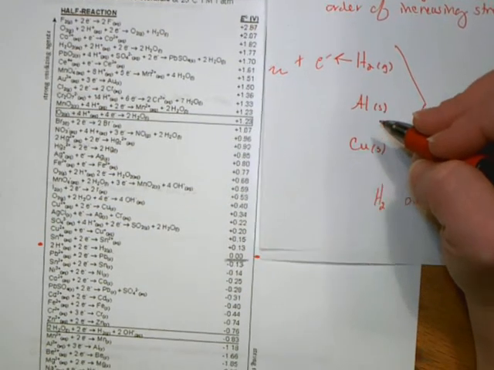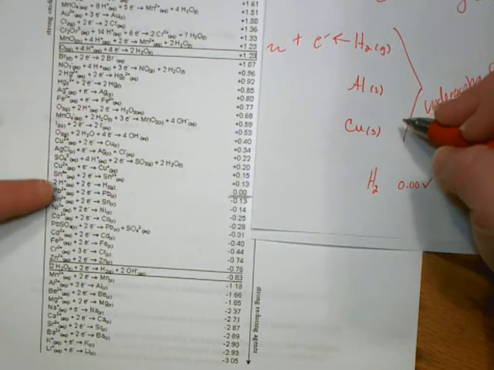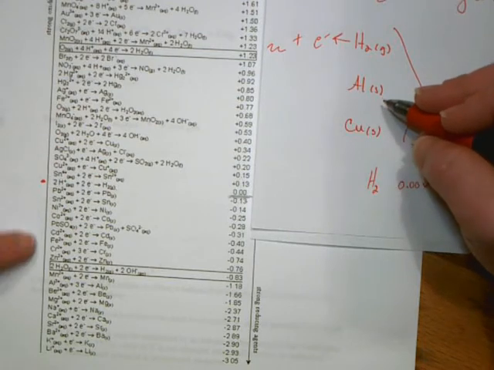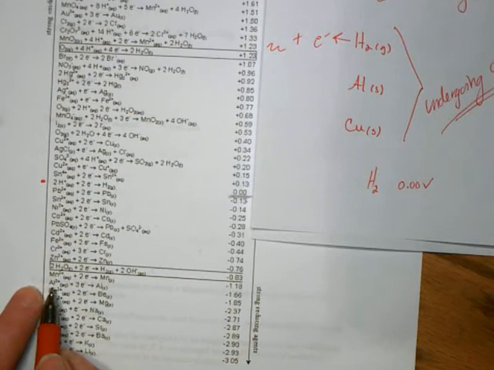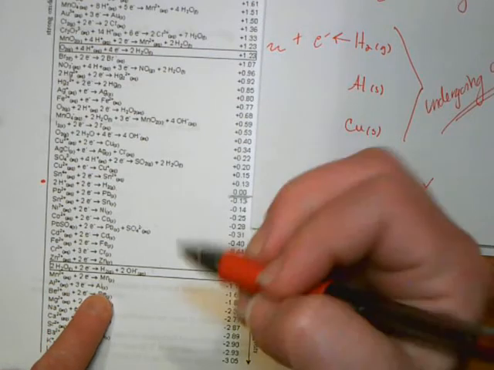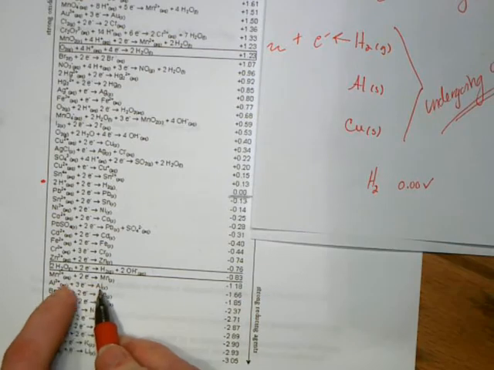Aluminum. Well, let's see. Where do we have aluminum? Sometimes, honestly, we know that aluminum forms a plus 3. Sometimes it's easier. Right there. So aluminum, plus 3, that's the reduction. But in the opposite direction, aluminum would be giving up 3 electrons to form the aluminum plus 3.